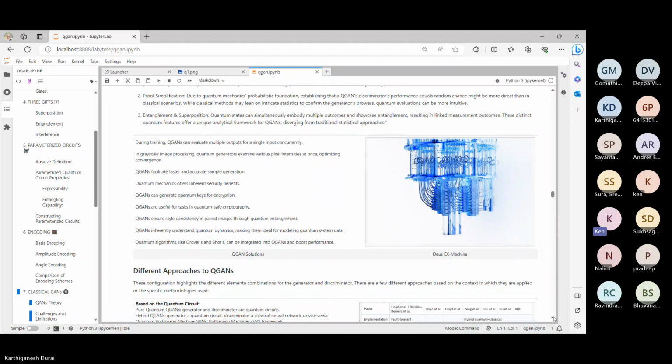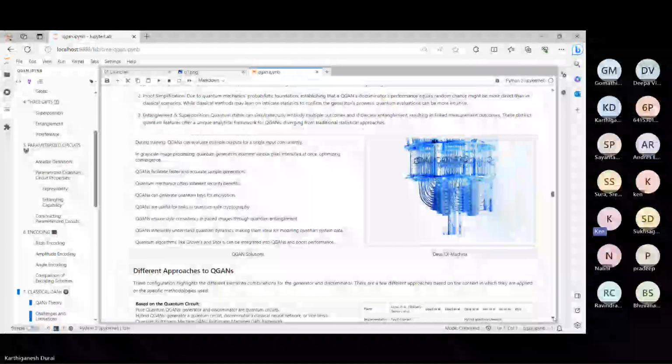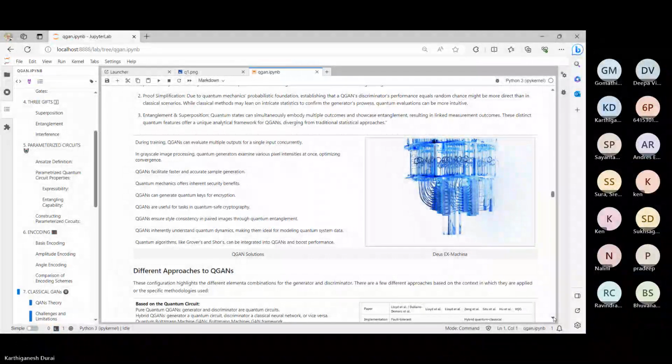Let's scroll down. Different approaches to GANs. There are many approaches that we could take, but we'll only focus on a few of them. If you could scroll down for us, KG, to highlight the different approaches.